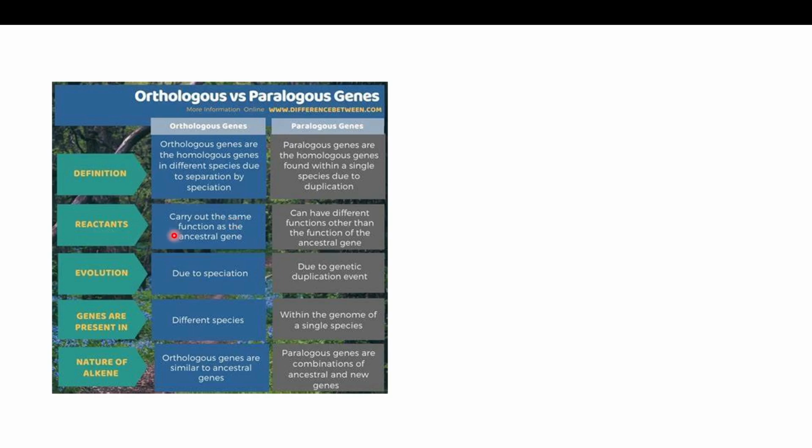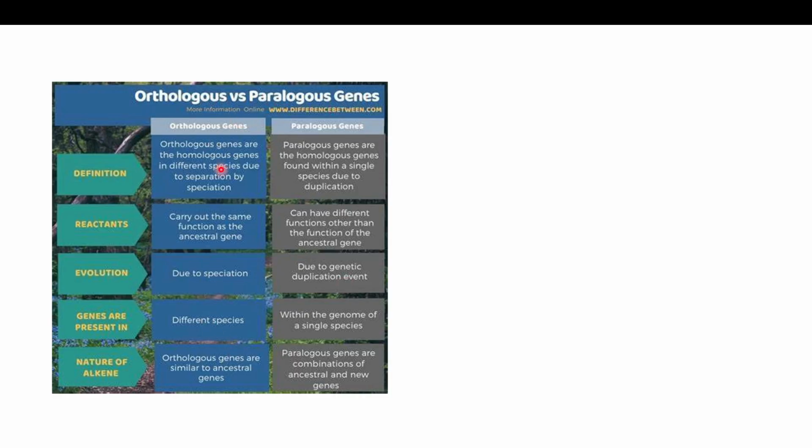Orthologous genes carry out the same function as that carried out by the ancestral gene, but paralogous genes can actually have different functions other than the function from which they eventually diverged. So orthologous genes are due to a speciation event, and paralogous genes arise due to a gene duplication event.